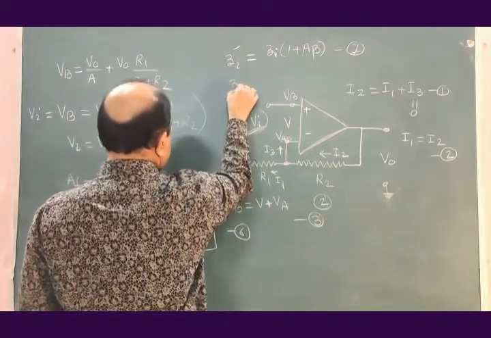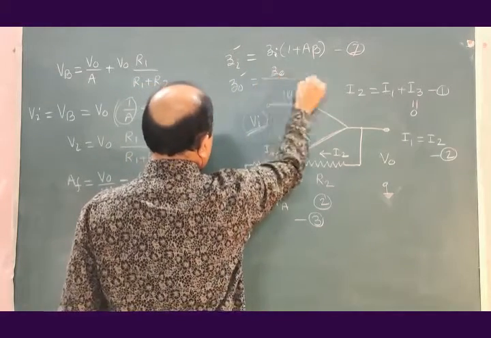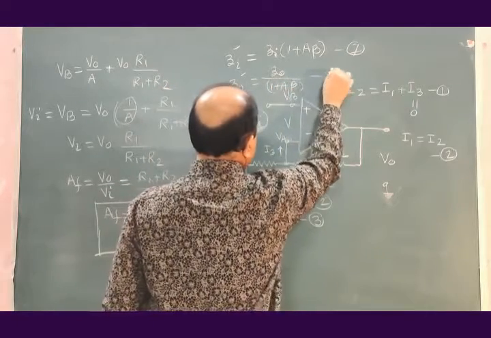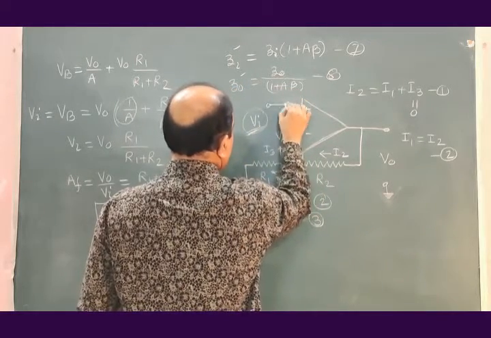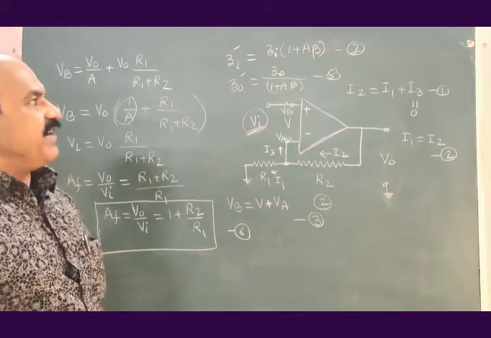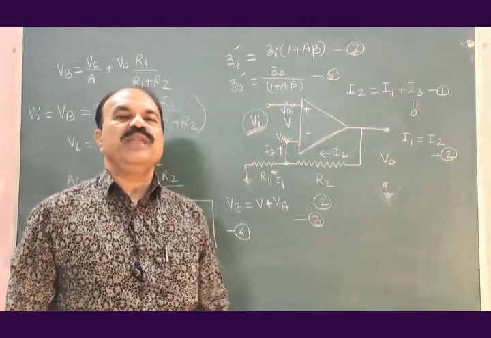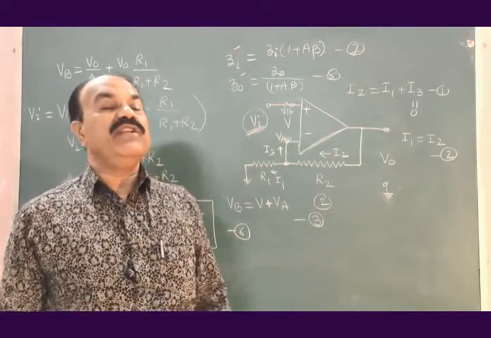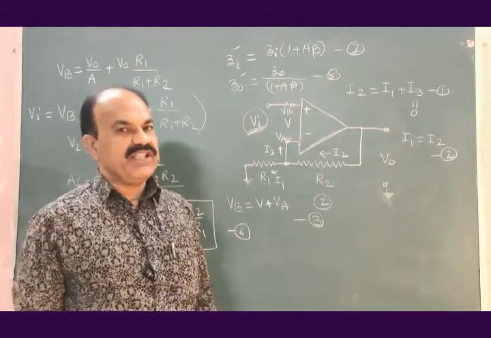At the same time, output impedance with feedback of the operational amplifier is given by this equation. ZO dash is equal to ZO divided by 1 plus A beta, equation number 8, where ZO is output impedance of the op amp without any feedback. ZO dash is output impedance of the op amp with negative feedback when op amp is used in non-inverting mode.